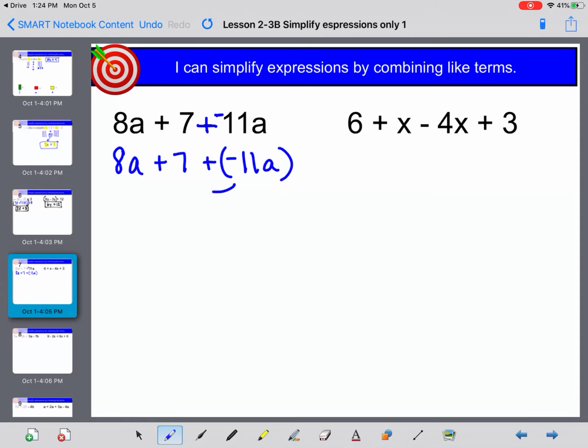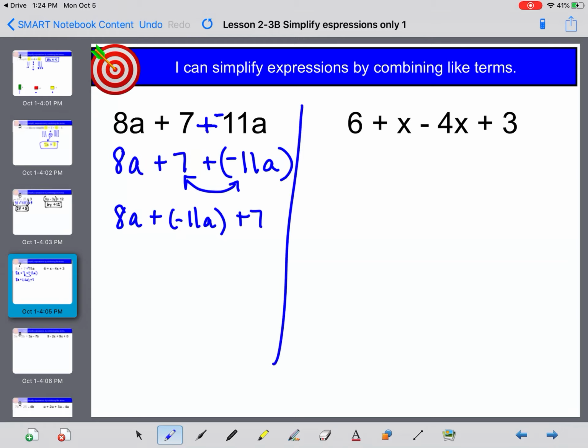Now I need to use the commutative property to switch the order. 8a plus negative 11a plus 7. And then, just like when we did the order of operations, how you justify each step, that is the commutative property that allowed me to switch those around, and I can show that justification like this.